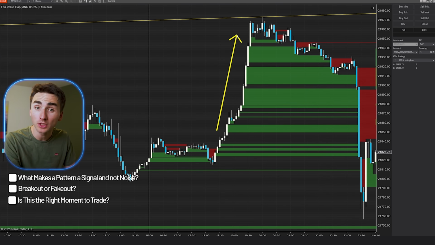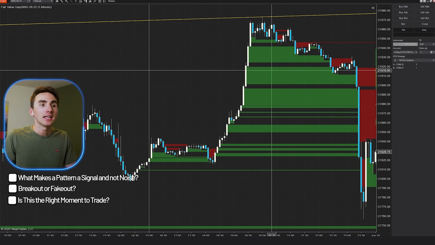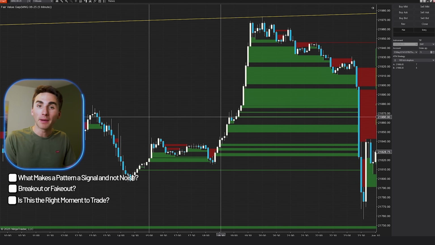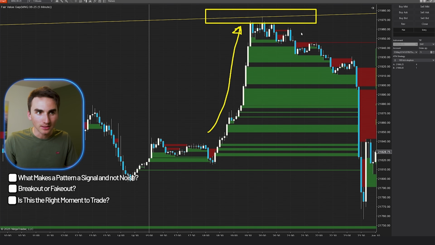And so how you can use this is coupling it with candlestick patterns, bigger trend lines, or support or resistance zones. And it's likely that if you combine this with a market being pushed up, you're at a resistance level and it pushes back lower, the market will reverse in that other direction.